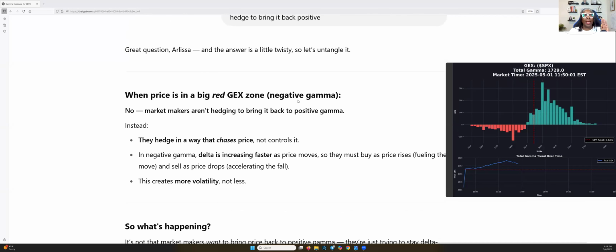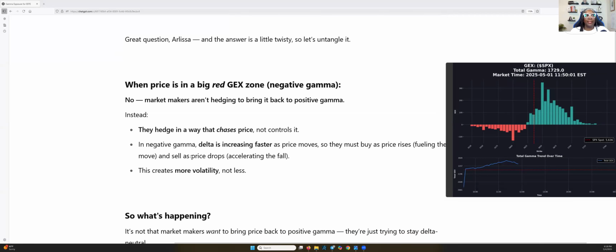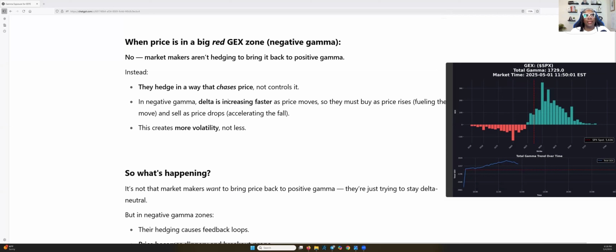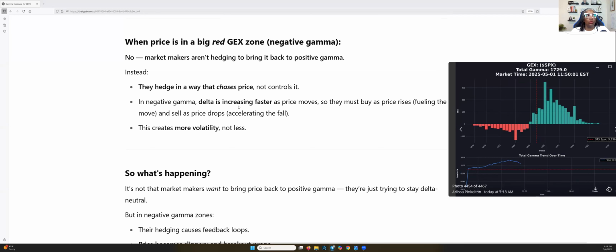When price is in the red or negative area, no, the market makers are not hedging to bring it back to positive. Instead, they hedge in a way that chases the price but doesn't control it. So in negative gamma, delta is increasing faster as price moves. So they must buy as the price rises, which fuels the move.